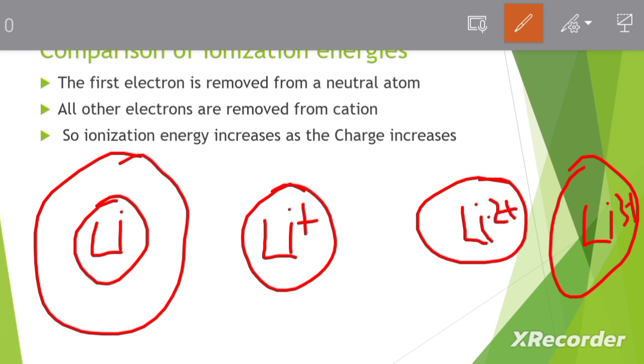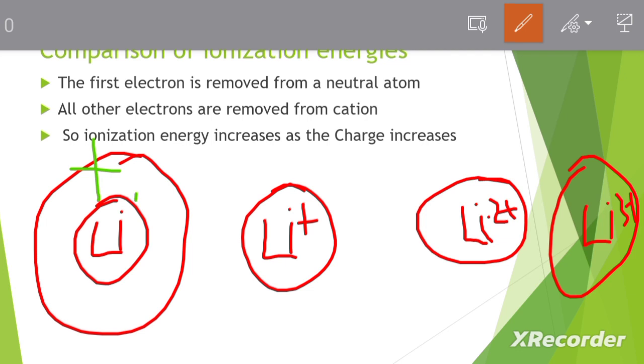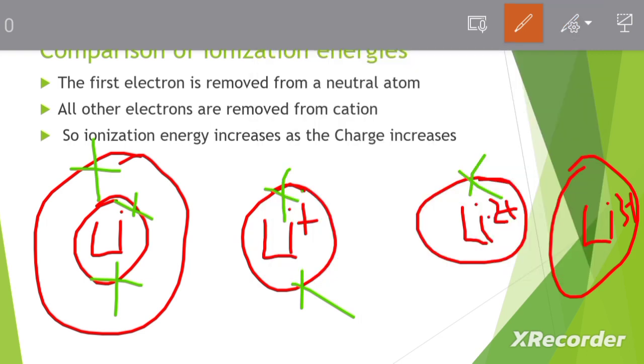Then 3 electrons are there in the lithium atom, 2 electrons in lithium plus, 1 electron in lithium 2 plus, and no electrons in lithium 3 plus.